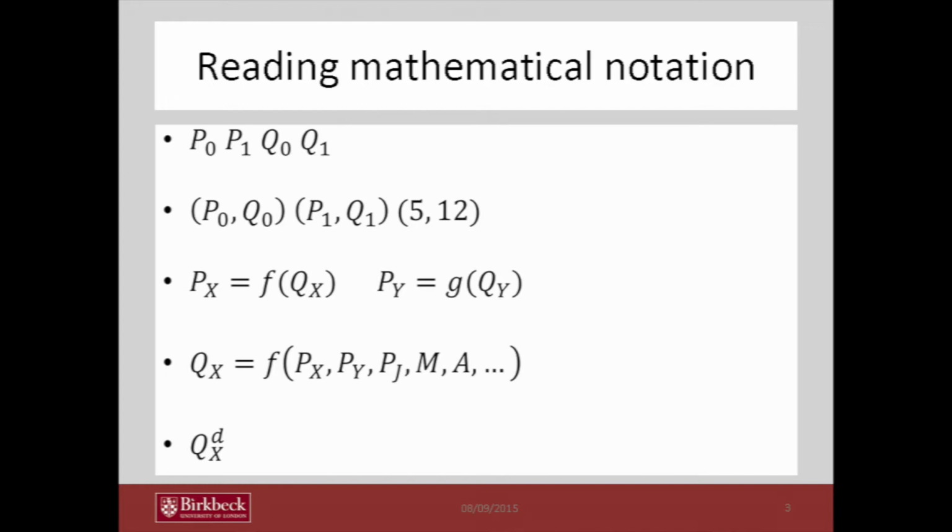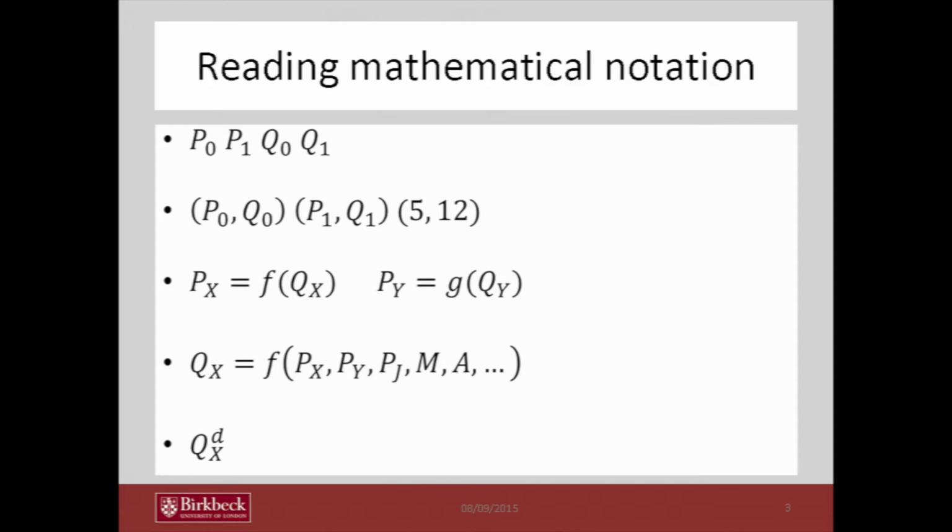In the next line, second from bottom, Qx equals F of Px, Py, Pj, M, A, and so on. This is the mathematician's way of showing you that the quantity of product X is a function of many different variables.